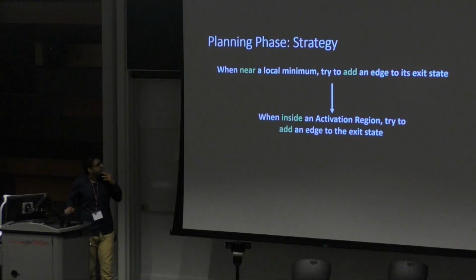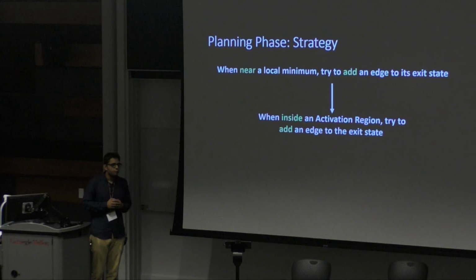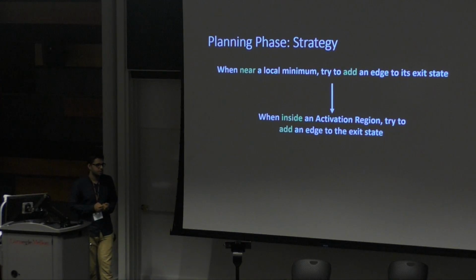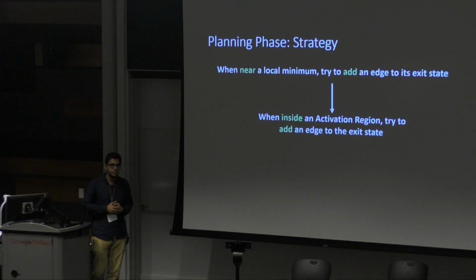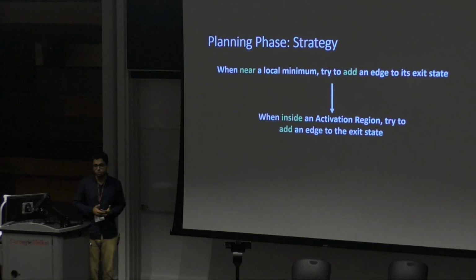Now, when we are planning, the basic strategy is the following. When you feel that you are likely to get stuck in a local minimum, you try to move to the exit state of that local minimum before you get stuck. So for example, if you're near the door and you know from your prior experience that previous searches had a hard time going through the door, you remember the exit state, that is the correct configuration.